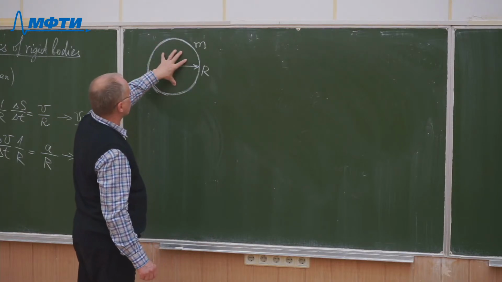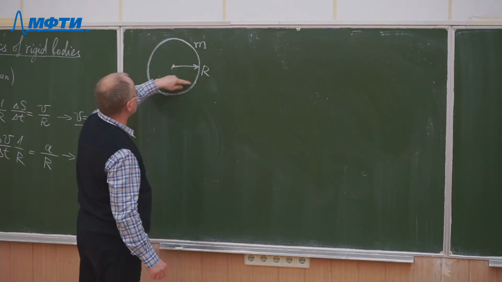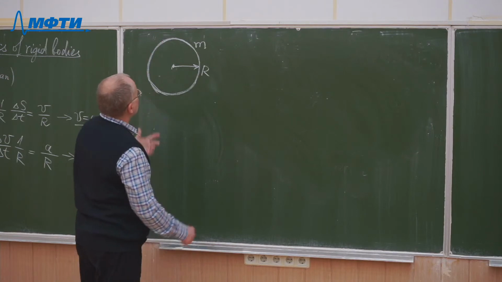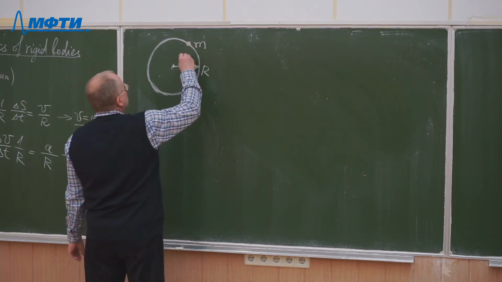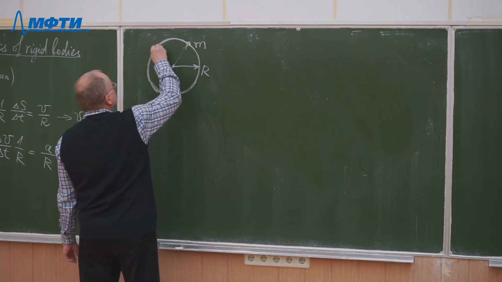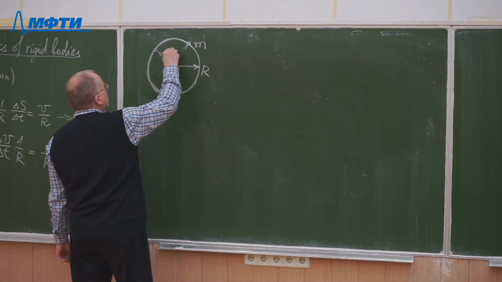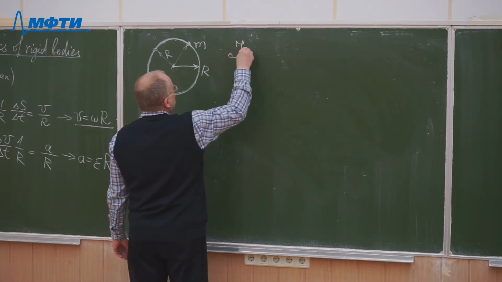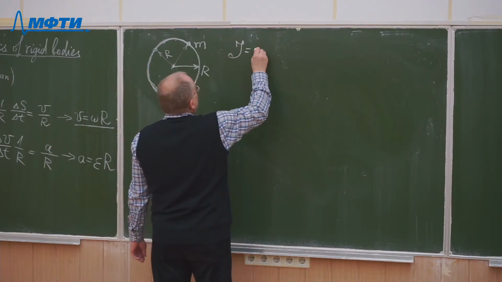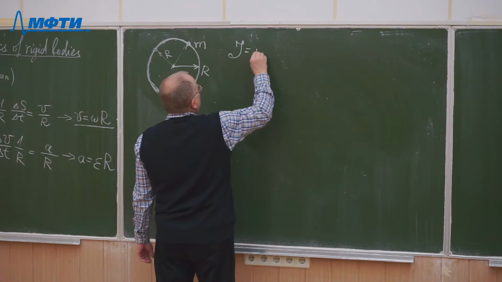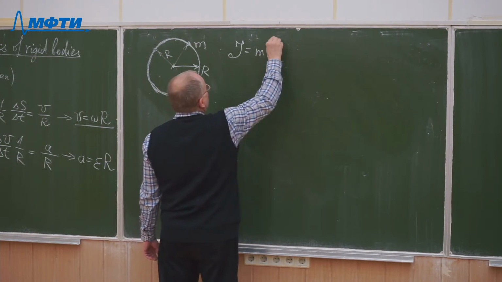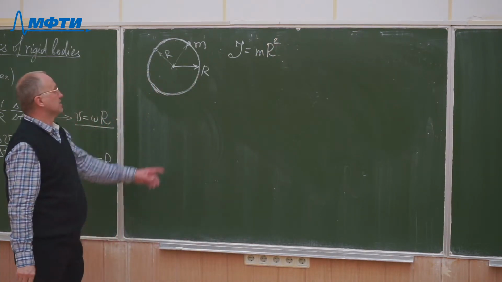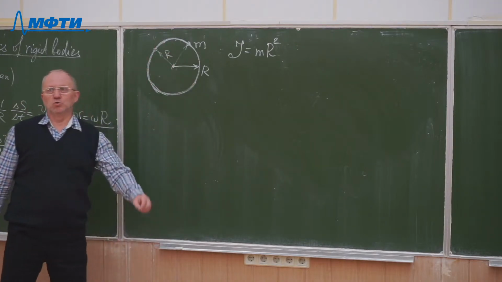So the center is empty, and all the mass is distributed along this line. In this case, every mass element will be at the same distance from the center. So the moment of inertia will be equal to the total mass times the radius squared, the radius of this hoop.